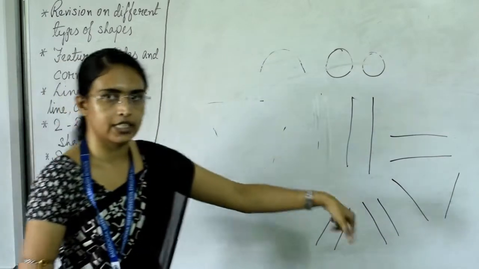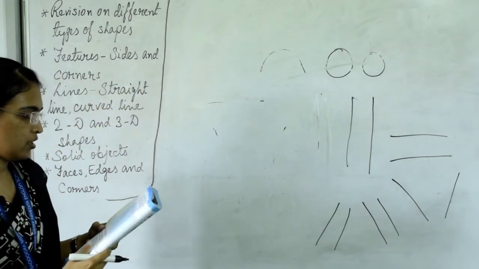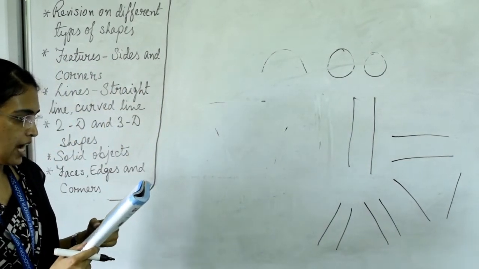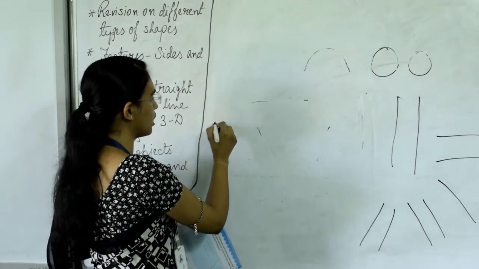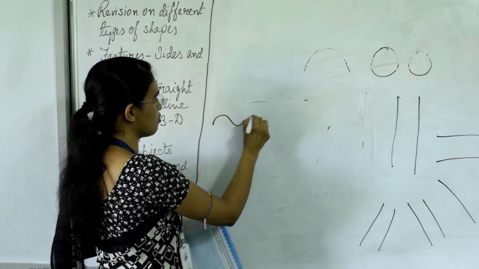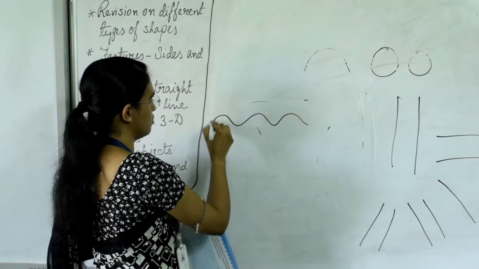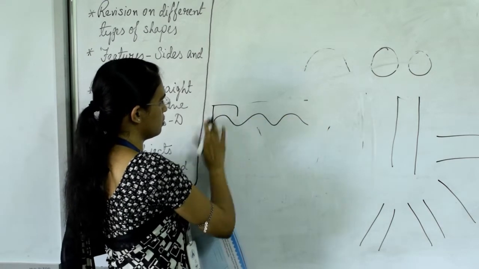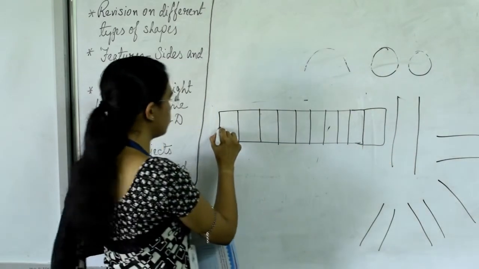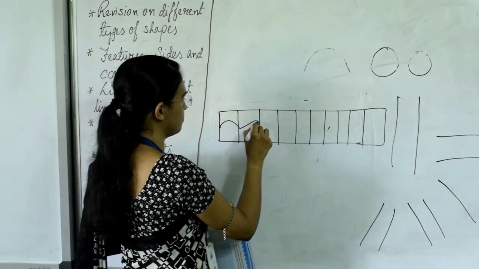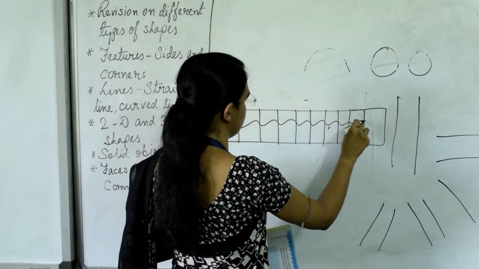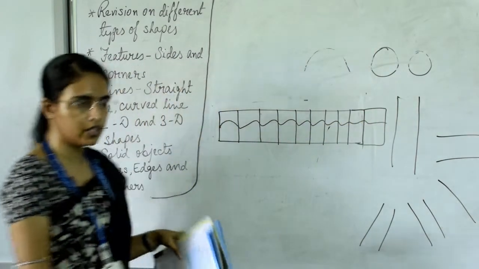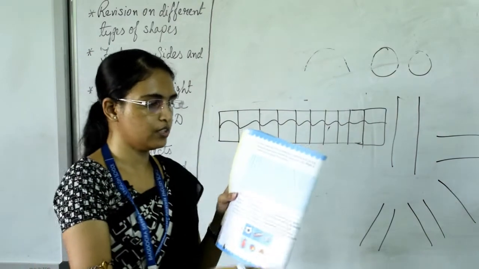These all are slanting lines. And after that make a curved line touching 10 squares. Then you have to draw a curved line touching 10 squares like this. Suppose this is a square, so you have to draw like this. In this way. Okay, so do this at home.